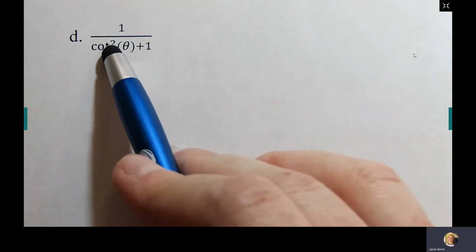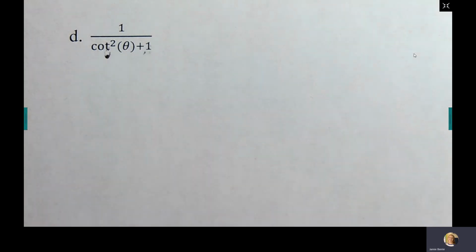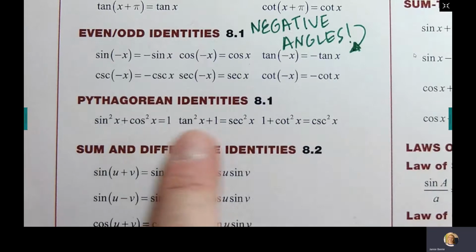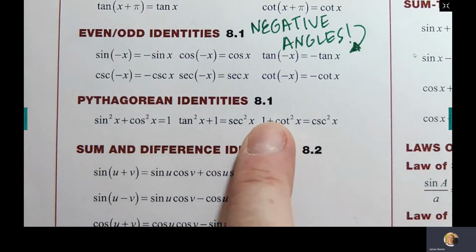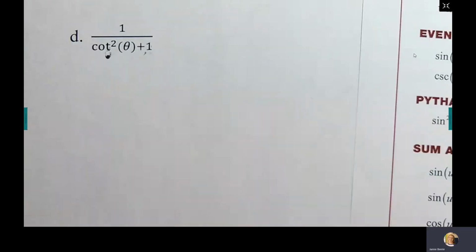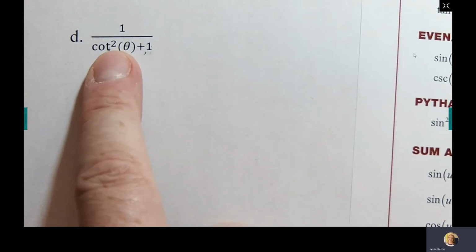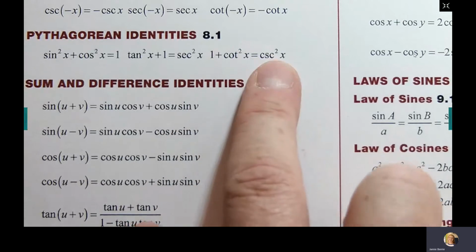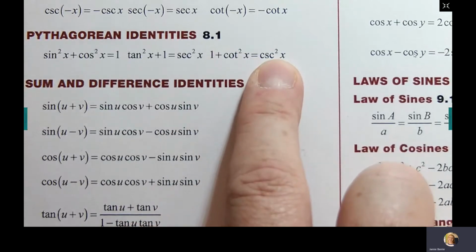Since I see a trig function being squared and I have a 1 out here, that's making me think Pythagorean identity. So I'm going to look over here. Here I see 1 plus cotangent squared x, the same thing I have in my denominator. So we're going to replace our denominator with cosecant squared theta. So that's 1 over cosecant squared theta.